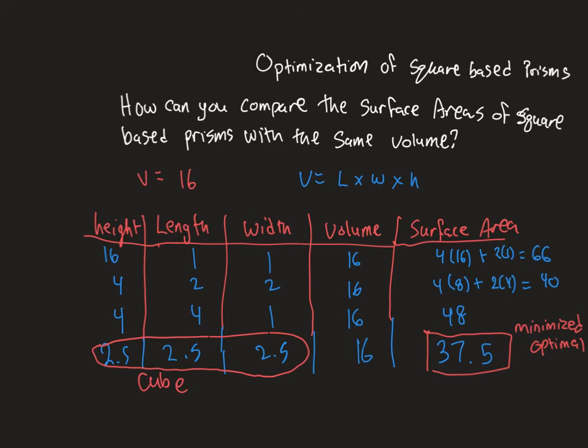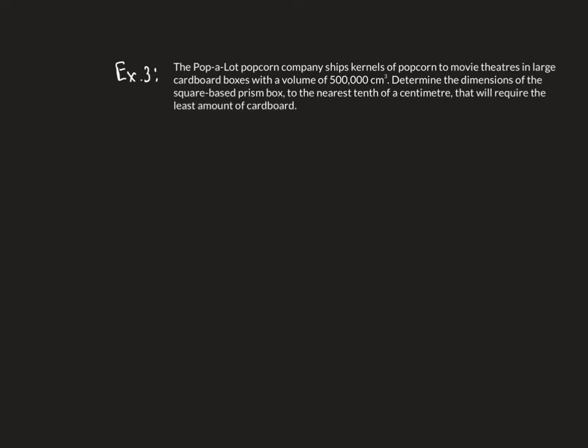Let's look at an example. So in this example here, you can see that it says, the Pop-A-Lot Popcorn Company ships kernels of popcorn to movie theaters in large cardboard boxes with a volume of 500,000 centimeters cubed. Remember, the second you see cubed, that means you are talking about volume. My volume is 500,000 centimeters cubed.